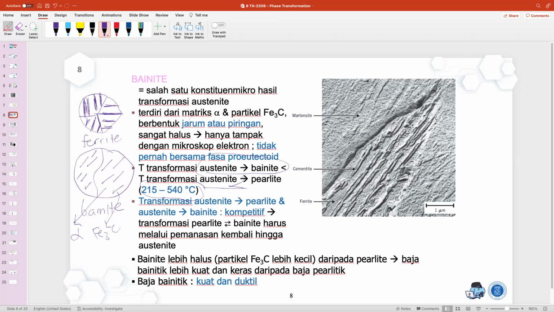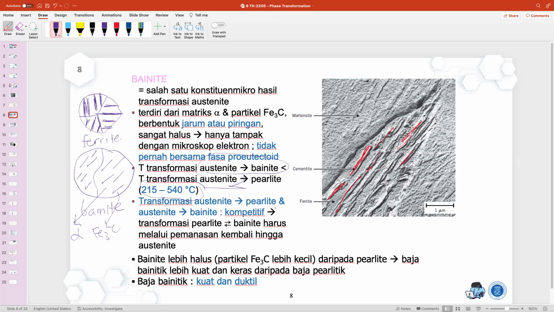Okay, if you look over here, you can see these plates. It's not continuous here, and then up to here, and then here like that. So it looks like that.